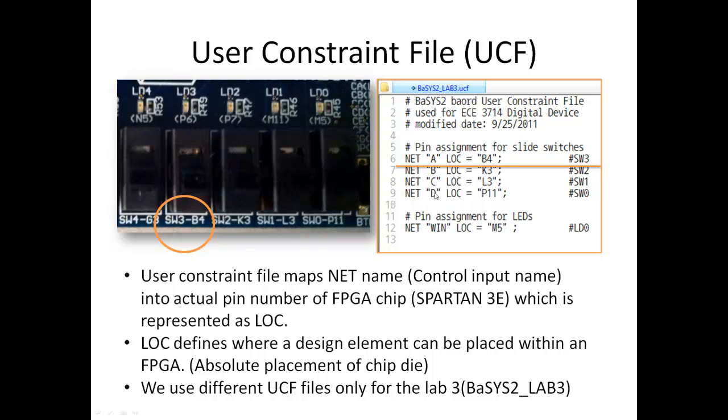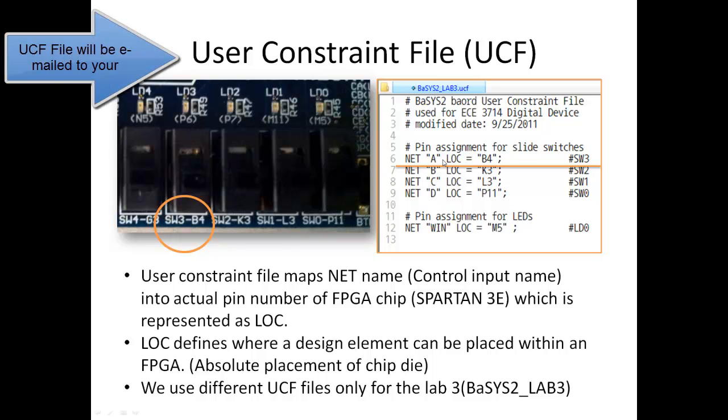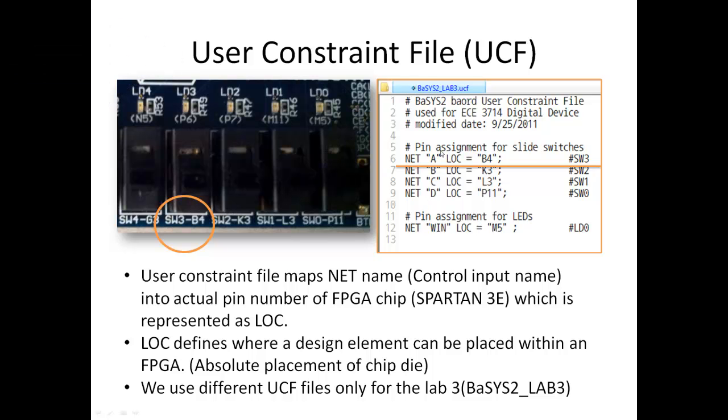So basically we are going to define 4 inputs, A, B, C, D. You can think of these as variable names. Please keep in mind, when you write your program, keep your variable names of inputs as A, B, C, D. Don't use anything else, because the FPGA will get confused, since you are defining them here as A, B, C, D. And the output of your program, we are going to save to a variable called win, and it goes to M5.